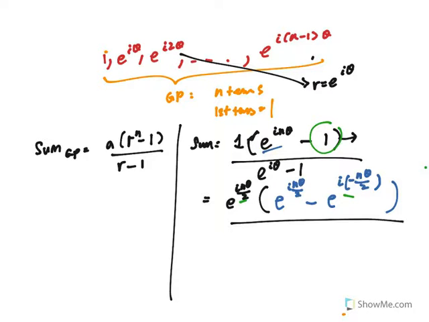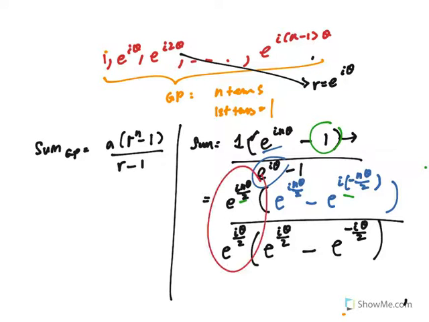And if you do the same for the bottom, again I'm doing the half angle. I take out e to the power i theta over 2, and at the bottom, e to the i theta over 2 as well. This is factorizing this number. For 1, I'll have e to the i theta over 2 and e to the power negative i theta over 2. If I'm going too fast, just pause the video, look at it a while, digest, and then go on.